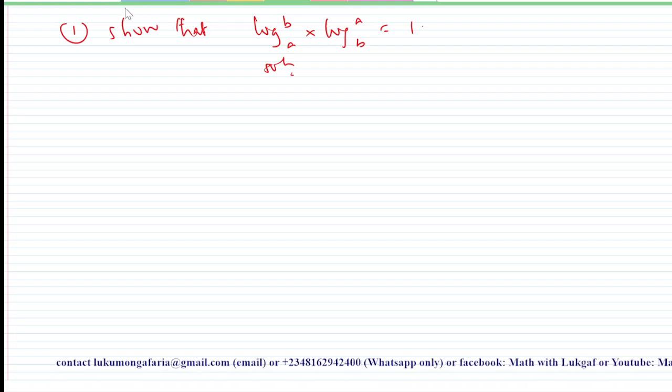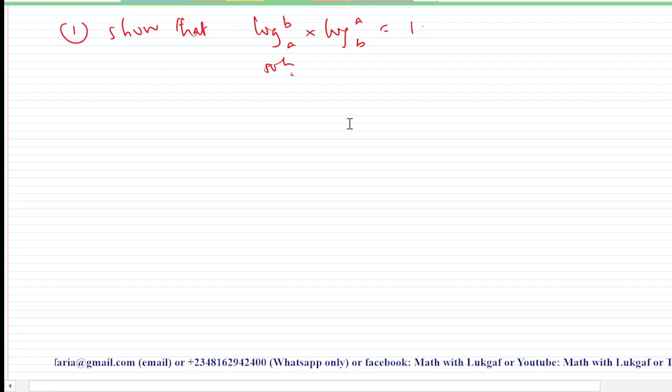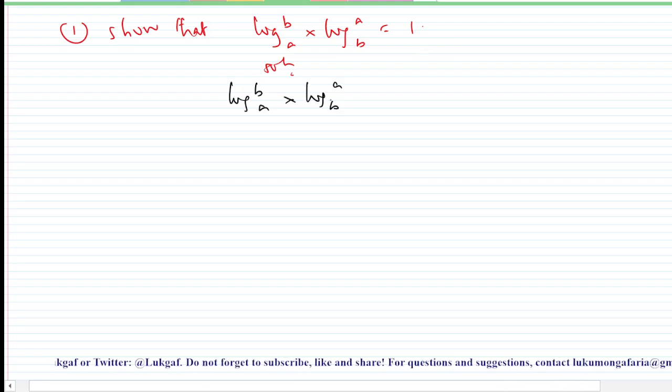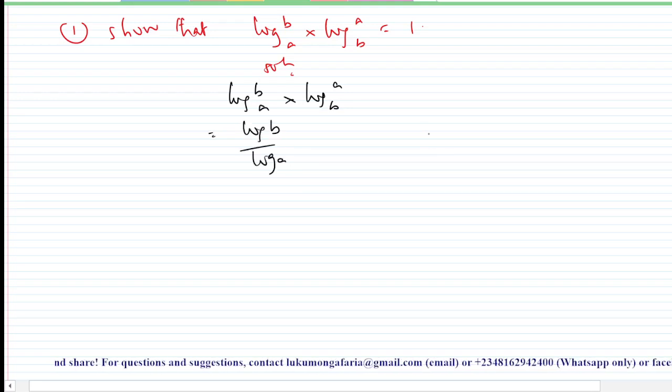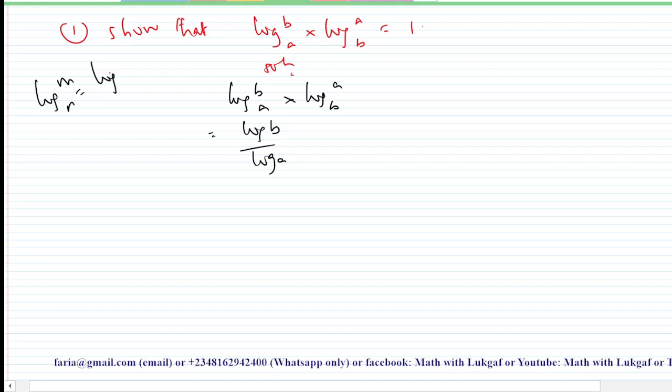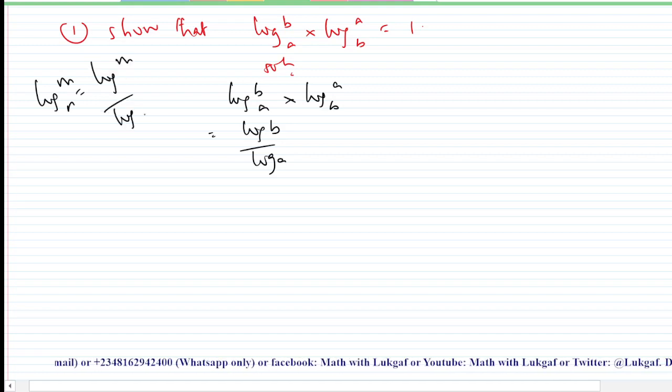Which of the laws am I going to use to simplify this? Well, the simplest law you can use is the change of base law. You understand now? When I have log b base a multiplied by log a base b, I can say it's the same thing as log b divided by log a. From the laws I wrote here, when you have log m base n, you can rewrite it as log m divided by log n.